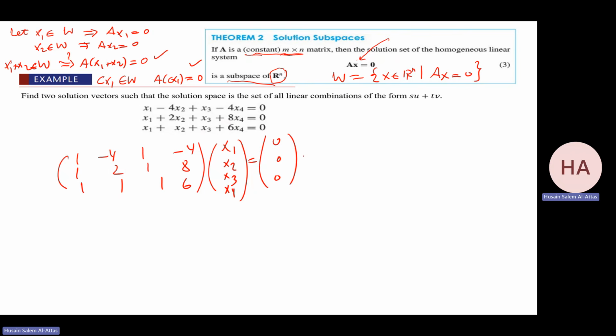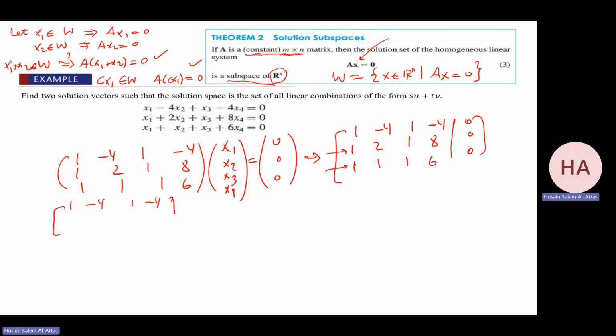I write it to make it ready for Gaussian elimination with an augmented matrix, like what we did in chapter 3. You know this Gaussian elimination step. So I need to make these zeros. The zero column will not be affected.